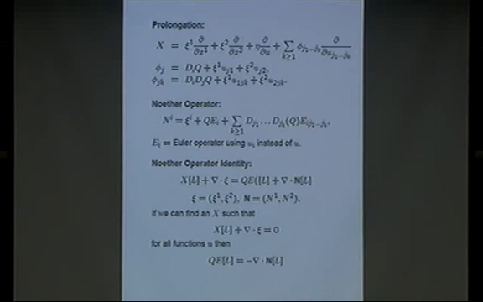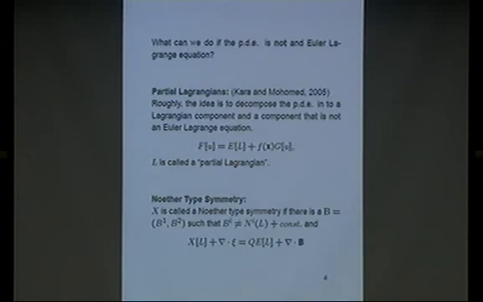One of the ideas that recently came up, though, was this idea of what they call using a partial Lagrangian. And it's one of these ideas, once you see, you say, oh, yeah, why not? Let's try this. So if the thing isn't an Euler-Lagrange equation, so let's suppose it isn't.